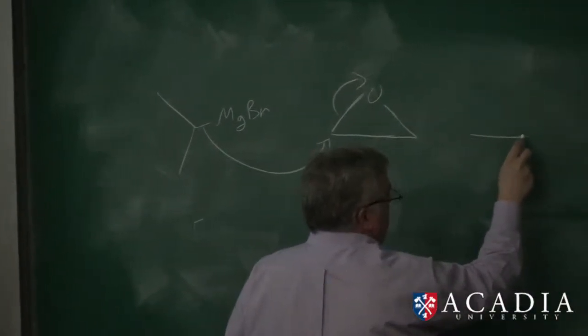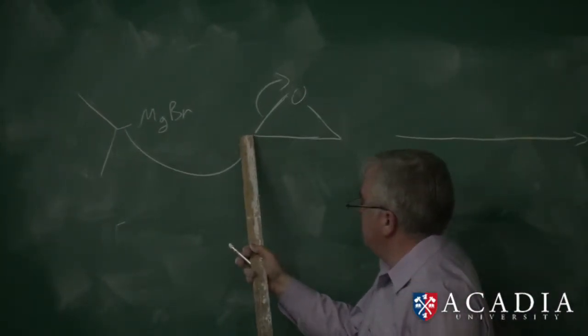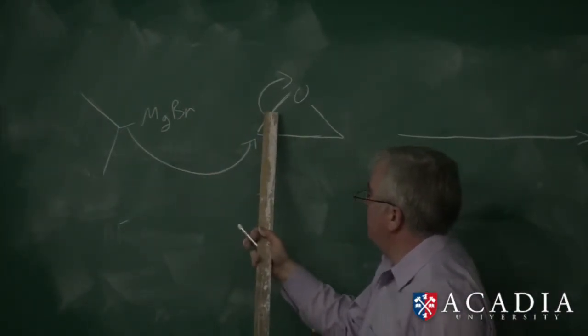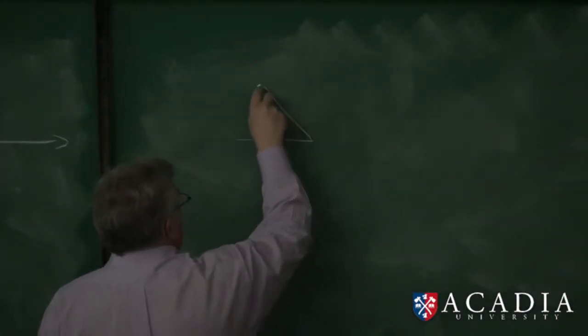Now one of the things you may want to do, I'm going to go all the way over here. We're forming a bond between here, and we're breaking this bond. So you might find it helpful to leave the shape there.